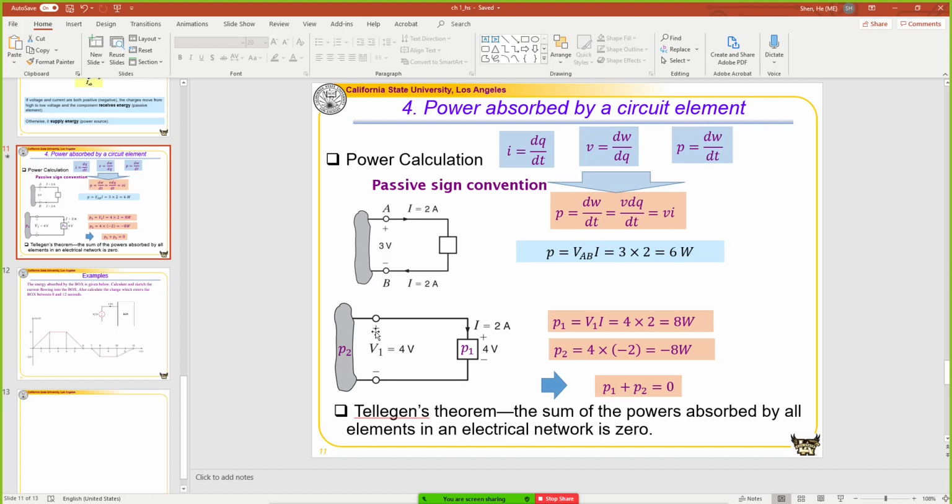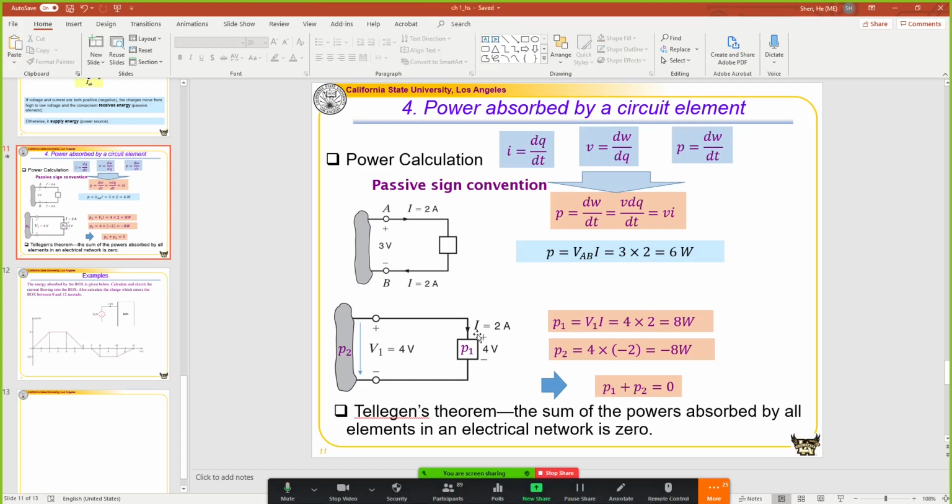If we define the voltage reference like this, we use V1 as the voltage that is equal to 4 volts. And to be compatible with the passive sign convention, we will need to define a current flow from the top to the bottom, right? So this is how the current will flow through P2. And this current is in the reverse direction of this current I. Do you see that?